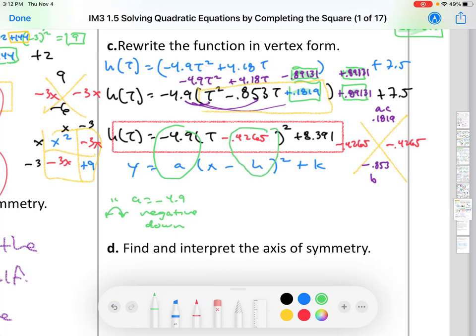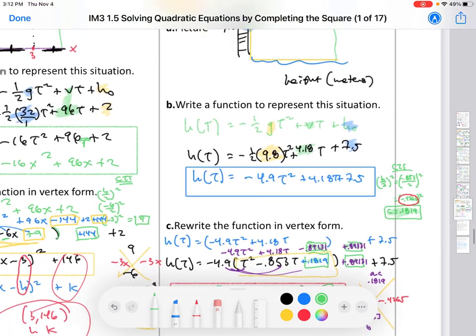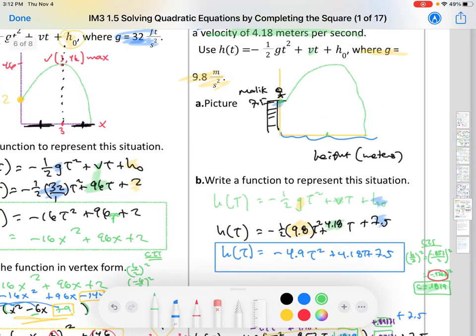The h value is 0.4265, and the k value is 8.391. And this is our maximum.